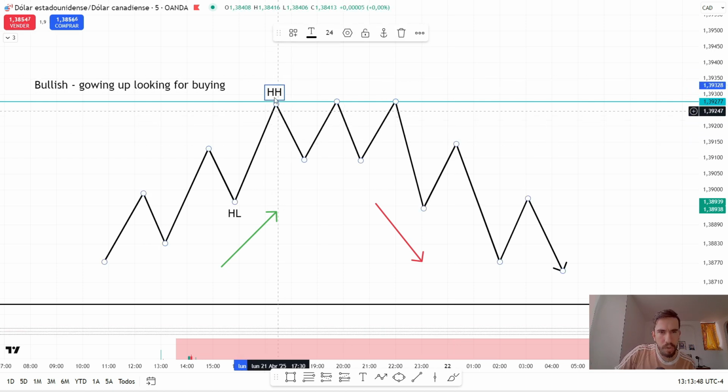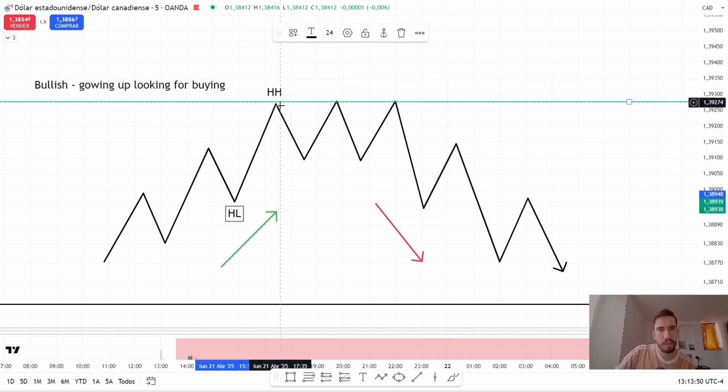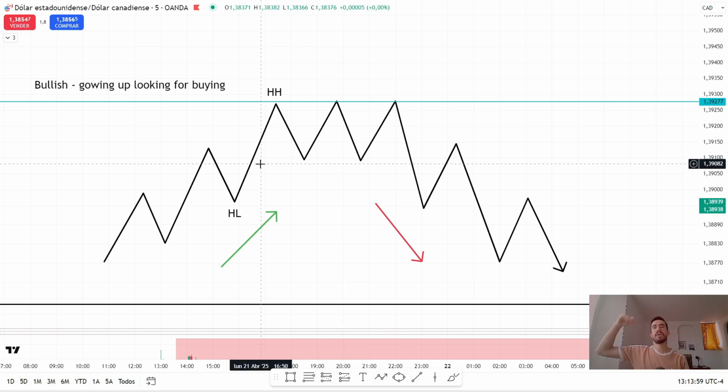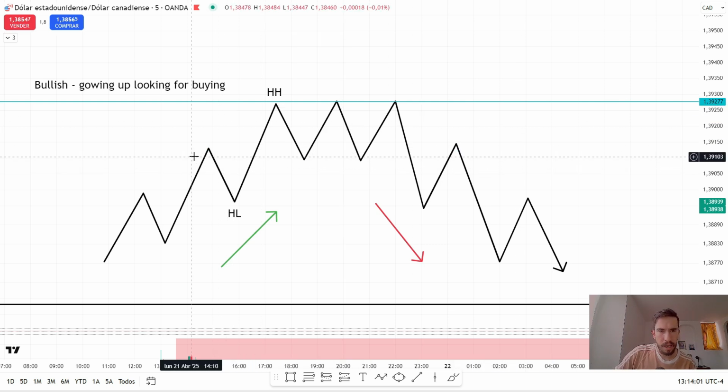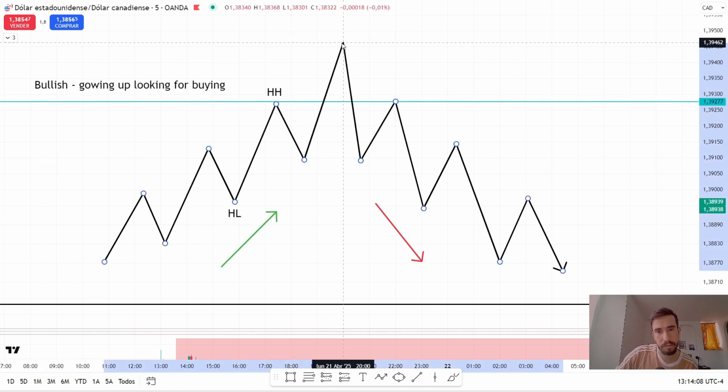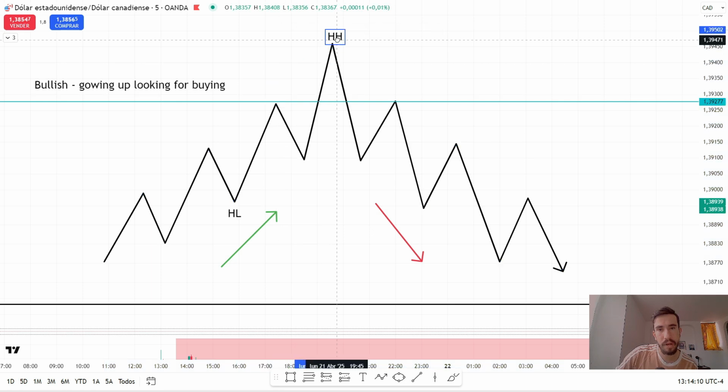So we have the higher high, higher low going down. This is the retracement, looking for the zone, for example. This will be the zone. If you don't know what I'm talking about, go to the previous video. And now, as in the previous structure, we might expect that this break here becomes a new higher high.